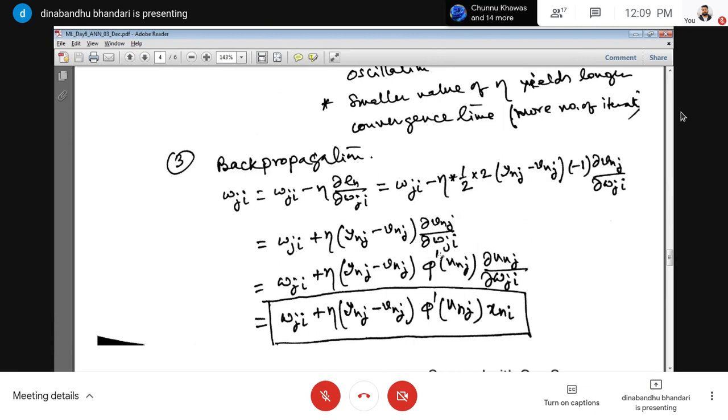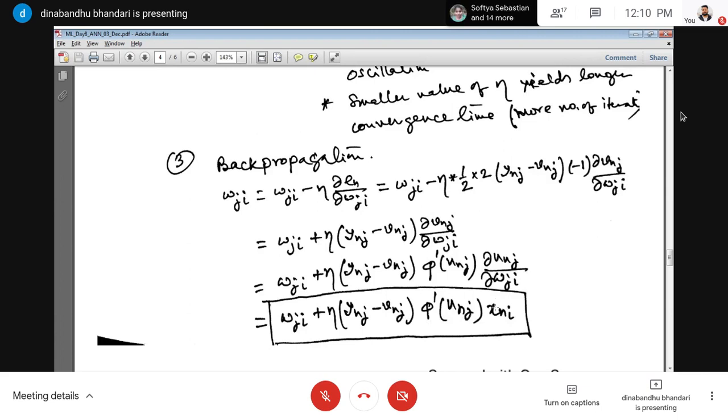See, it is a simple one: phi dash Unj into del Unj del Wji. And what is del Unj del Wji? That is only xni. You see, all are known to us. We know phi, so we can always calculate phi dash also. Later you will see that it would be Vnj into (1 minus Vnj).